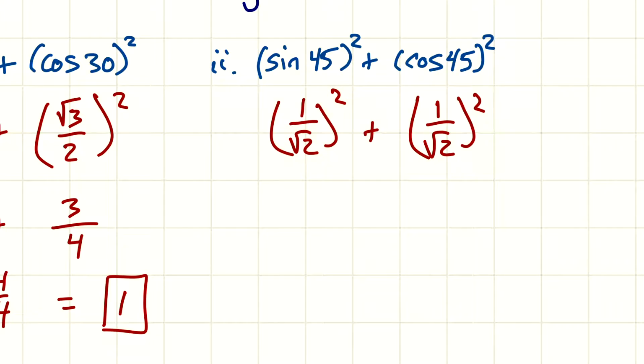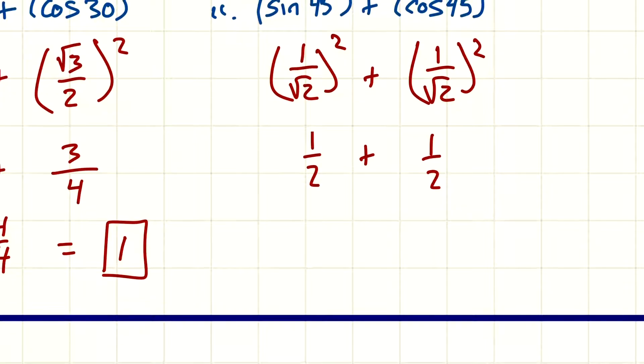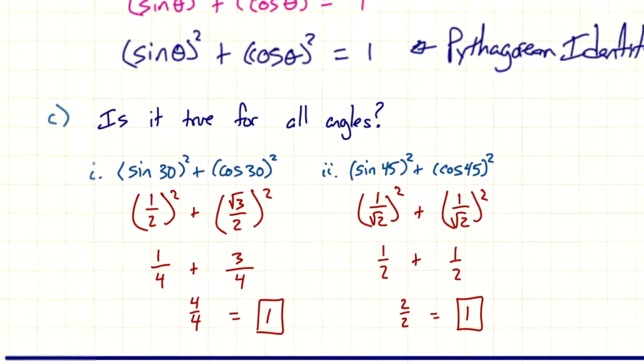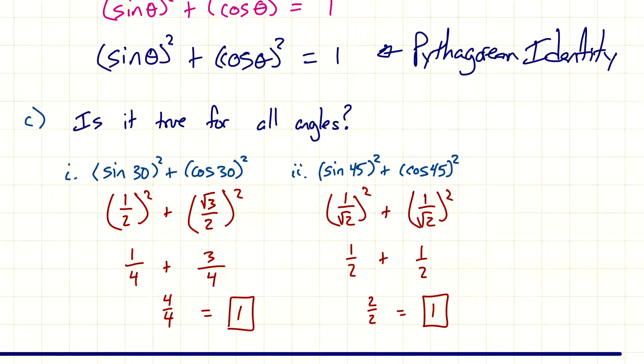So this reduces to 1 over 2, and that means the other one reduces to 1 over 2. And so 1/2 plus 1/2 is 2/2, which equals 1. You'll notice they both equal 1. That's exactly what we thought was going to happen.